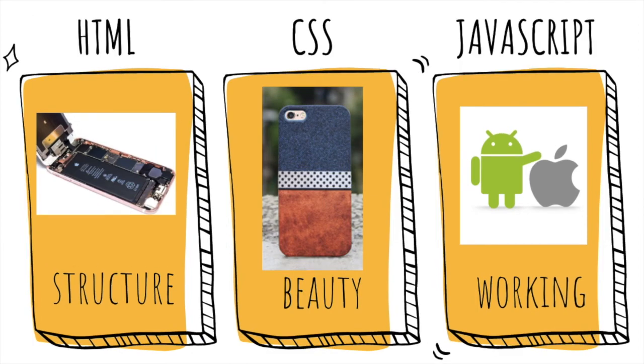So corresponding to this example, HTML provides structure to the website just like the hardware does for a phone. CSS provides beauty to the website just like a phone cover does to a phone. And JavaScript provides working to your website just like an operating system does. We will get to know about them in detail in further videos.